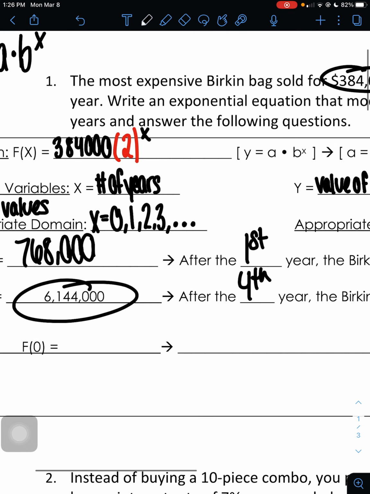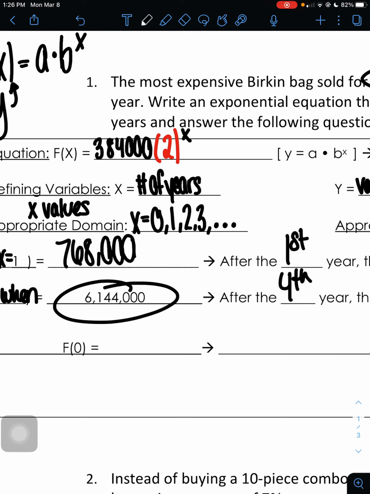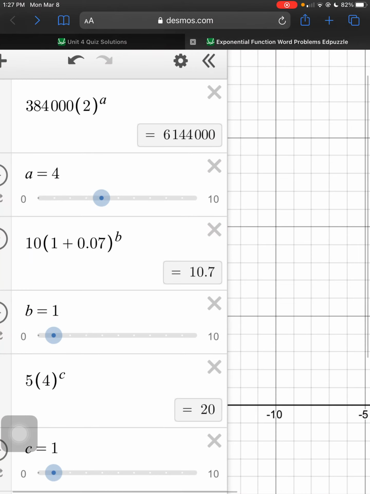And now this f of 0 piece, this is real cool. We looked at this in class. This 0 right here, remember, this x value represents time. So we're saying 0 number of years. So that's telling us right now. And I know that if I were to put this in the decimals and make my exponent 0, I would get 384,000 back.